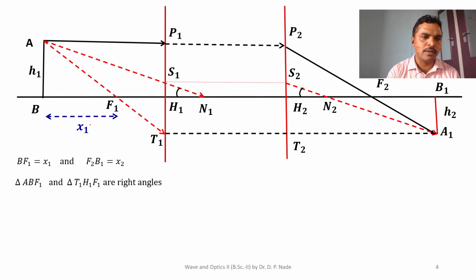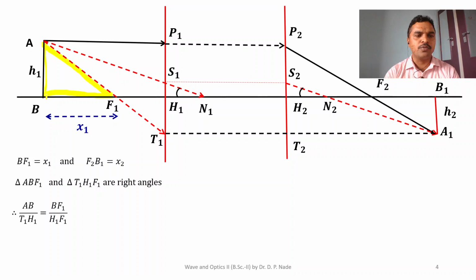Okay, so this is the triangle, and it is a right angle triangle, we know that. AP1 and BH1 are parallel to each other, so this will be 90 degrees. So we can use that theorem and write down the equation, that is AB upon T1H1. Considering both triangles, AB upon T1H1 is equal to BF1 upon H1F1.